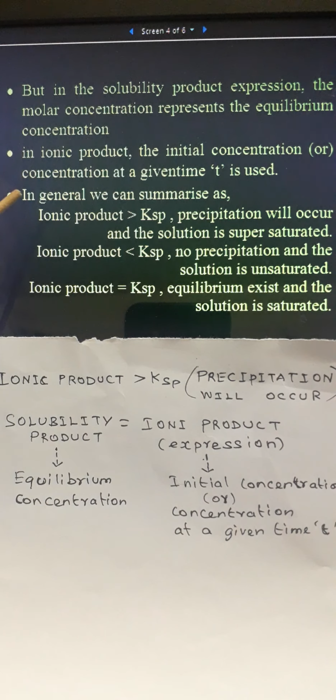In general, we can summarize: if ionic product is greater than Ksp, precipitation will occur and the solution is supersaturated. If ionic product is less than solubility product, no precipitation and the solution is unsaturated. If ionic product is equal to Ksp, equilibrium exists and the solution is saturated.